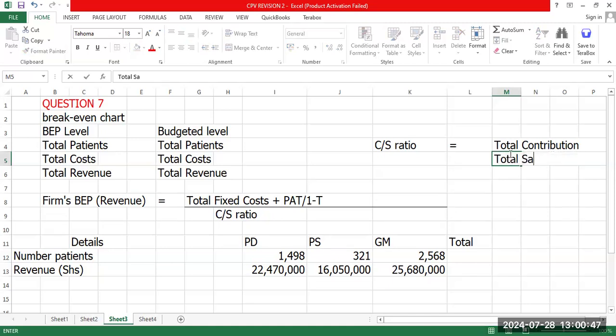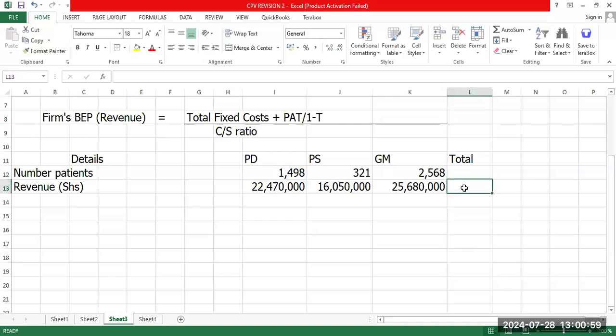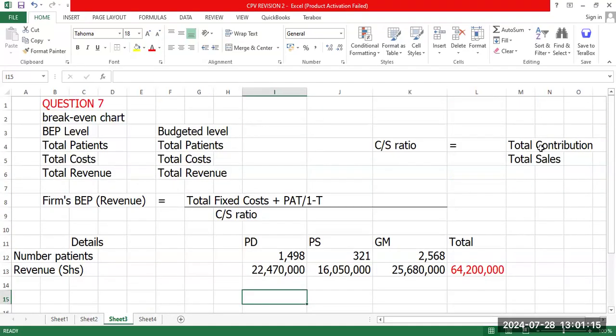Total sales for all products or for all departments. That's how you get contribution sales ratio. So it means that here we need also total, by getting this plus this plus this. That is our first total. We have now total sales. Total sales is the same as total revenue. And this is our total revenue.